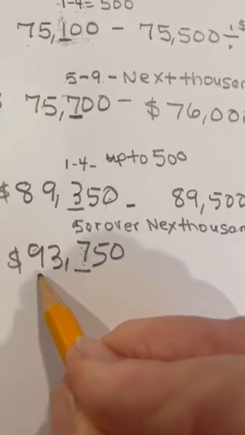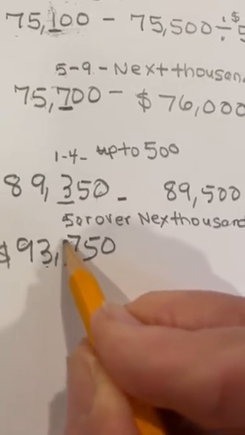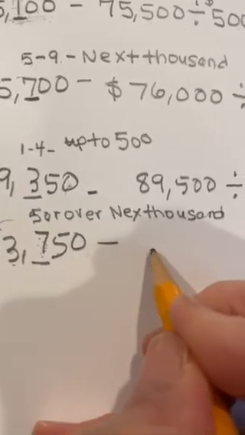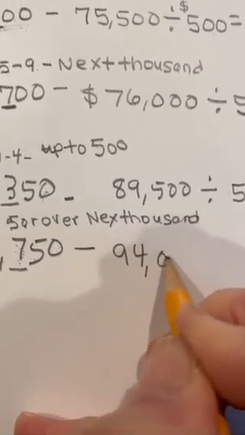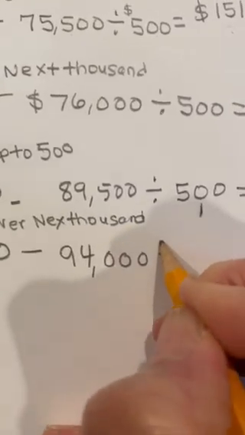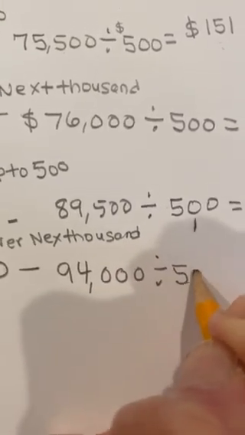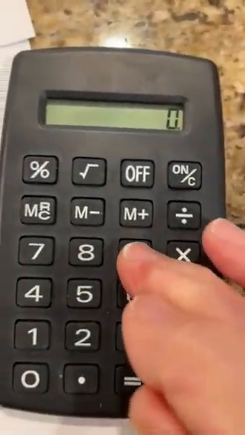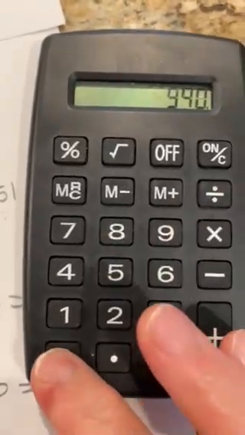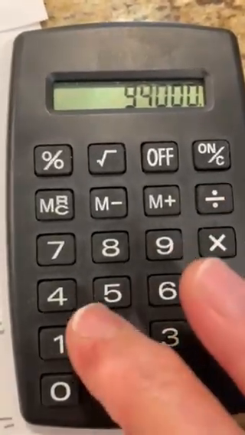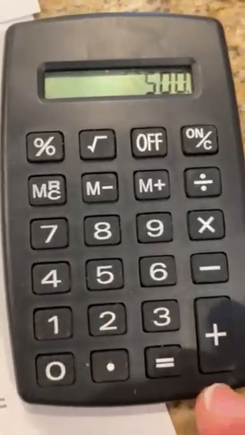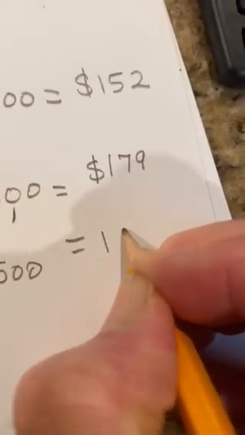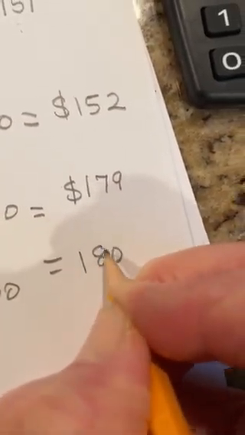So we know that that's 93,000, and if you go up to the next one, it will be 94,000. Now divide it by 500. That's your last step that you do. Let's do that on the calculator. 94,000 divided by 500 equals 188 for your transfer tax or your excise tax. 188.